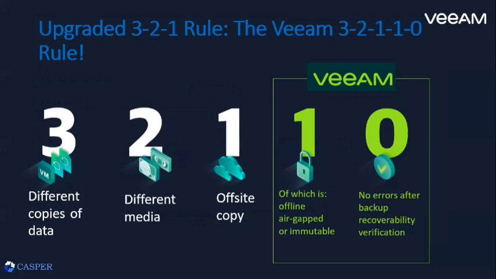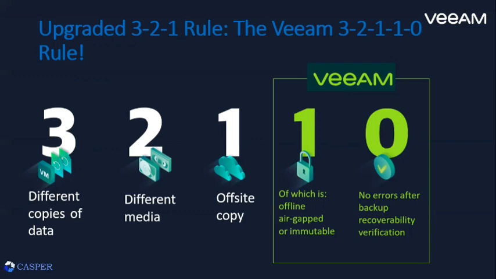So an immutable copy is one that it would be difficult for you to make changes to. So if there was maybe malware or ransomware in the backup that you had taken, and it was in an immutable backup, it's difficult for changes to be made to that particular backup.